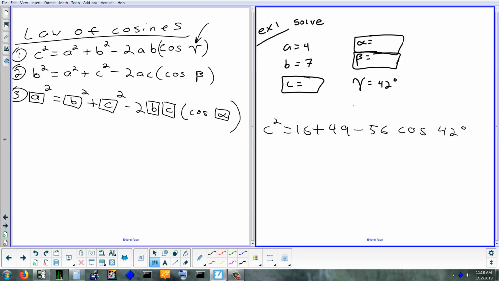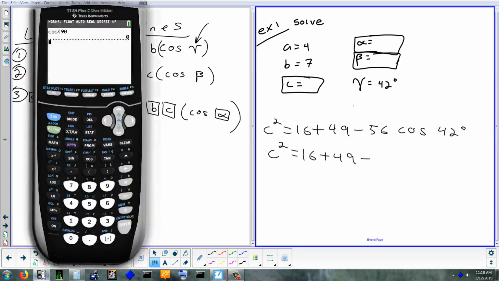I didn't write that with any parentheses, so all we have to do is follow PEMDAS, order of operations. What do you do next? Addition or multiplication? Do the multiplication. So don't try to do 49 minus 56. You can't do addition and subtraction until you do multiplication first. Right, so that's 56 cosine 42. So that's minus 41.616.